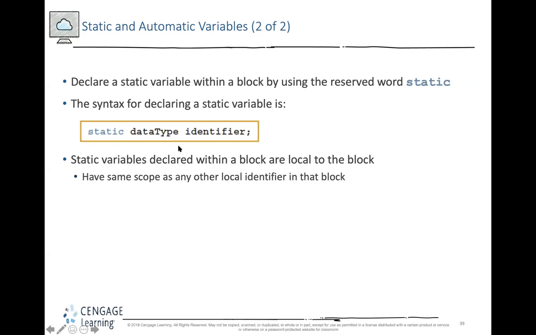So if your function returns, that static variable declared inside is not going to be deallocated. It still lives on. There may be use cases for this, and there are some examples in the book. Any questions about this so far?